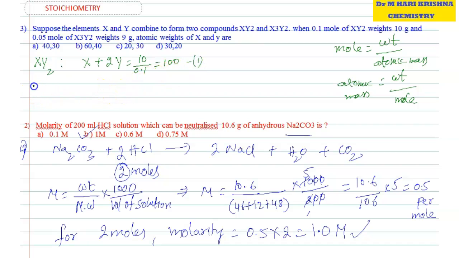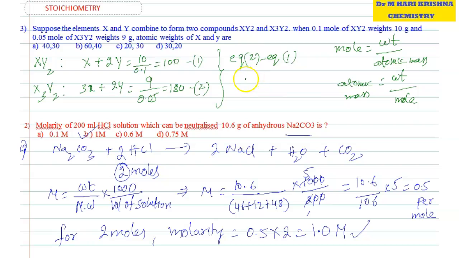Then what about the second one? X3Y2, so 3X plus 2Y gives weight by number of moles. Weight they have given 9 grams, moles 0.05, finally 180. So based on the first and second equations, if we solve, equation 2 minus equation 1, then we get 2X equal to 80, then X equal to 40.